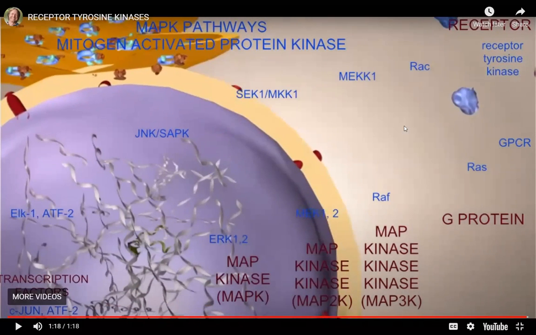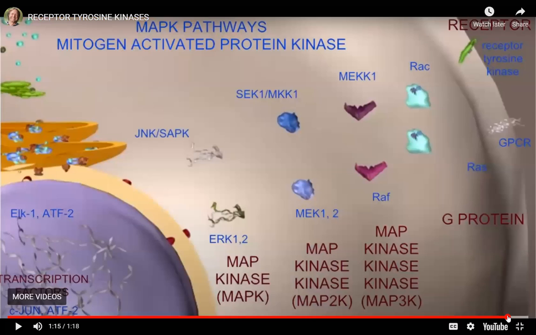Now see this. This is the pathway that we have been talking about. The receptor tyrosine kinase which was present over the cell surface is a single receptor. It is not even a complete receptor. It is present in the form of its monomer.